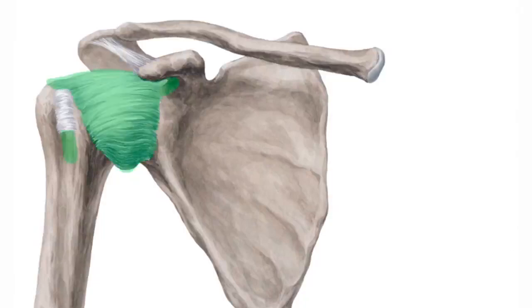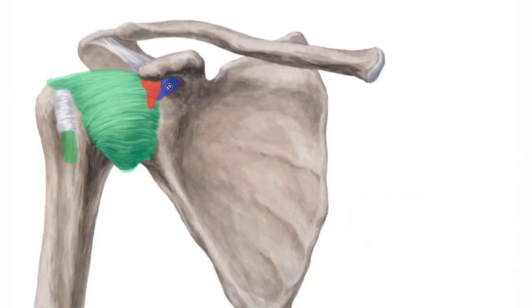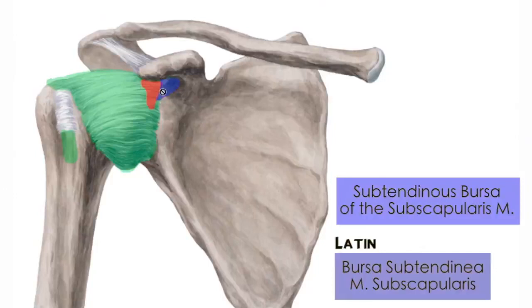What I'm going to do now is highlight the capsule and also the bursae associated to the capsule and to the joint so you can see where they are located. The first one, highlighted in red, is the subcoracoid bursa. The next one, highlighted in blue, is the subtendinous bursa of the subscapularis muscle.